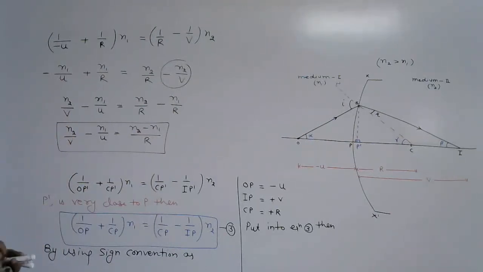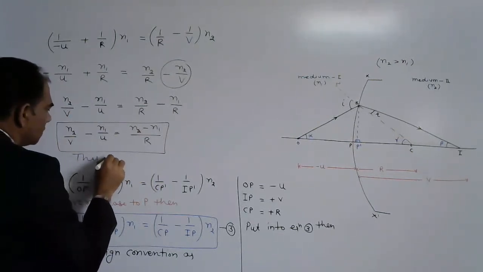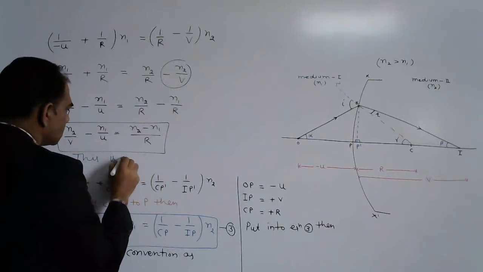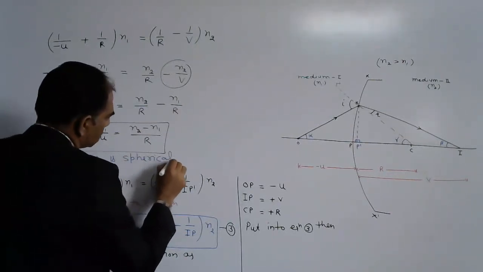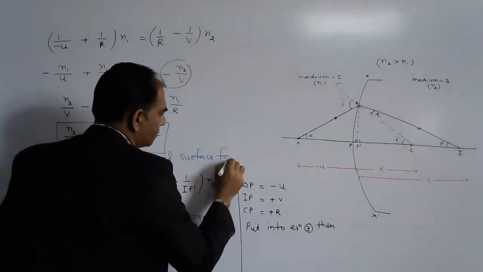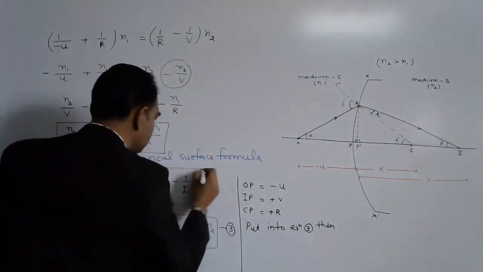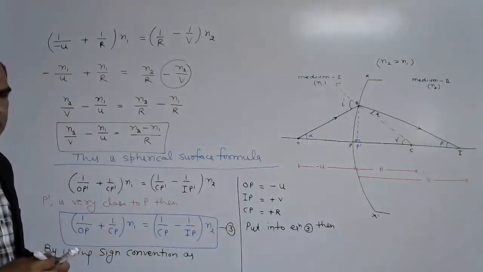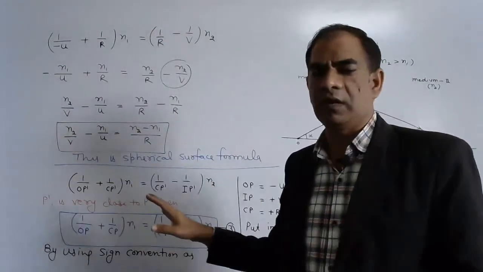This is the relation between u, v, R, and this is called the spherical surface formula. In this way, we can derive the spherical surface formula.